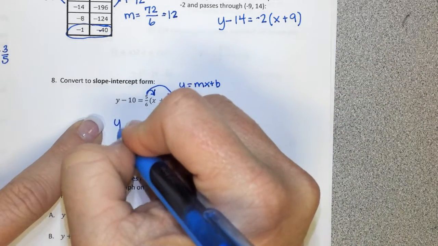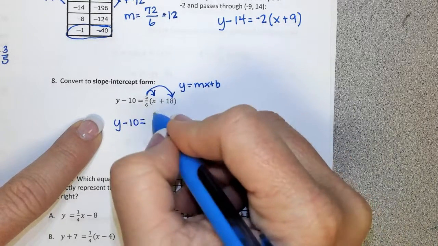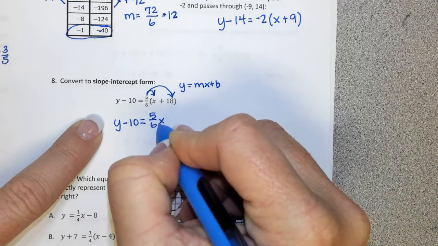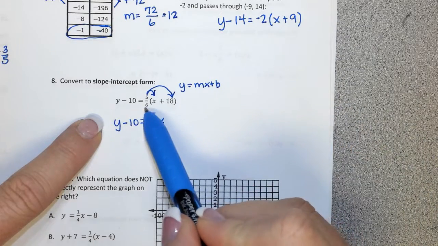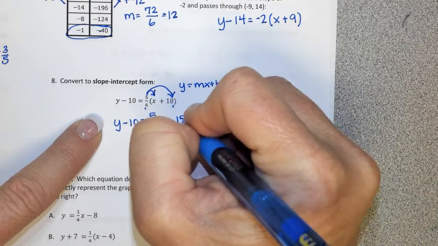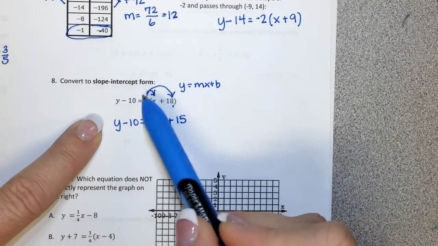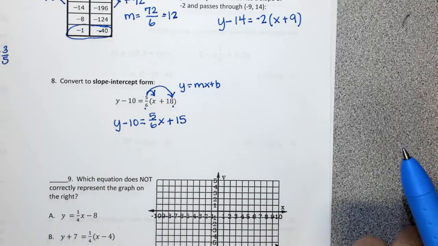So that leaves me with y minus 10 equals 5 over 6x, and then 5 over 6 times 18 is going to be 15, because 18 divided by 6 gives me 3, and 3 times 5 gives me 15.